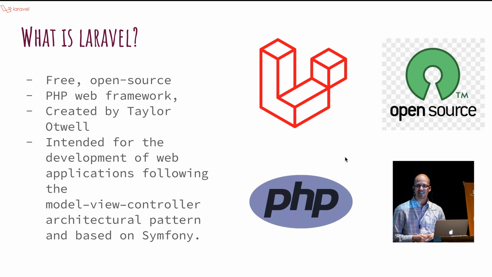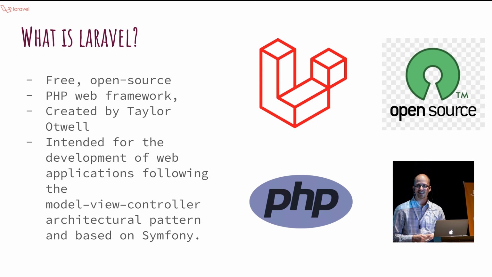Now, the first question you ask yourself: what is the Laravel framework? And we have here a definition. The Laravel framework is a free and open source PHP framework created by Taylor Otwell. If you look down there, Taylor Otwell is the creator of Laravel, and it's free and open source. Free and open source means that the code is available to the public. The public can actually contribute to it.